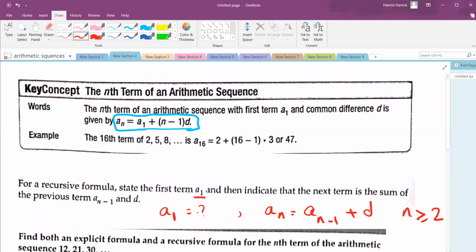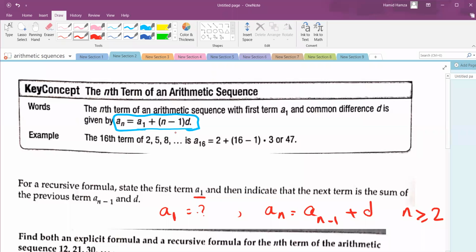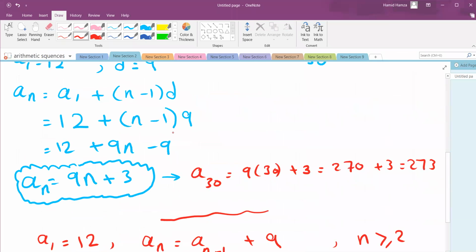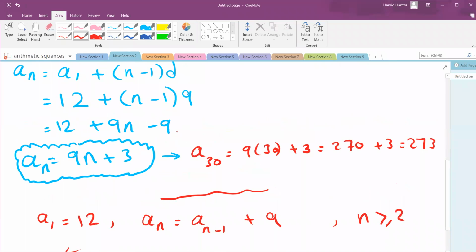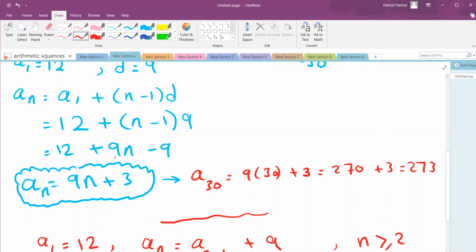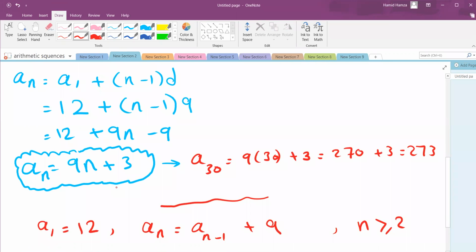I don't fully understand the difference between the recursive and the explicit form.